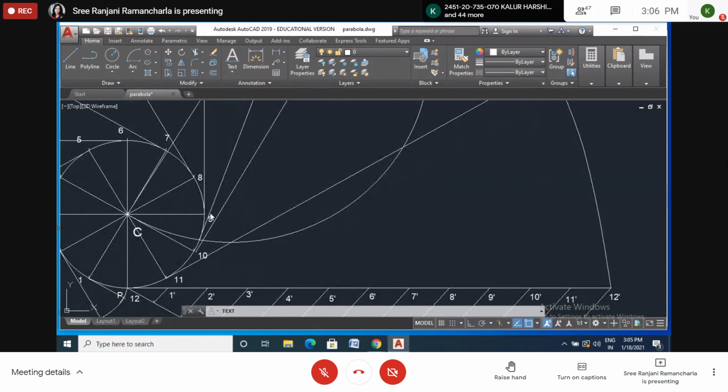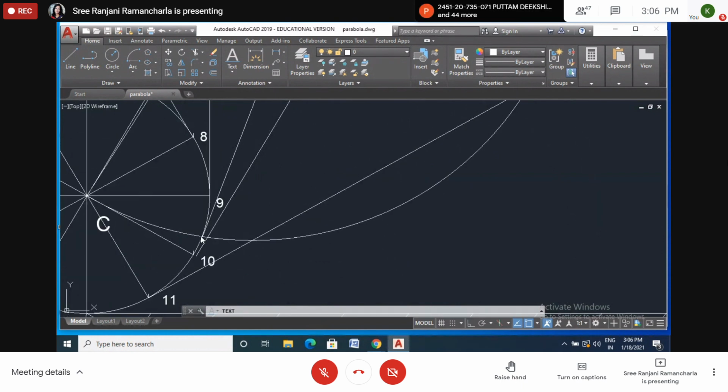So this semicircle is cutting the circle here. You can see the arrow mark here. The circle is cutting, right? So I will name this point as M. Just keep a small point here.